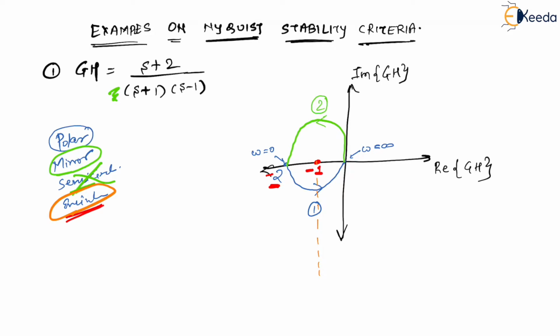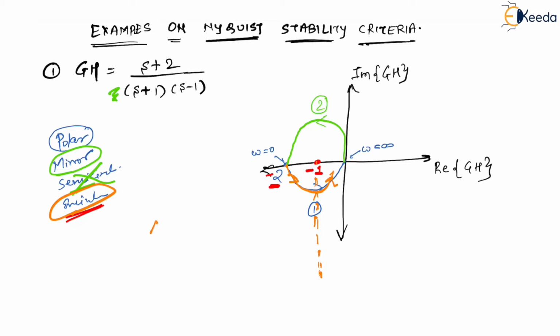Now you have to observe the number of intersections to this particular projection line, and in what direction. If you observe this blue curve, you have only one intersection with it, and that too in anti-clockwise direction.